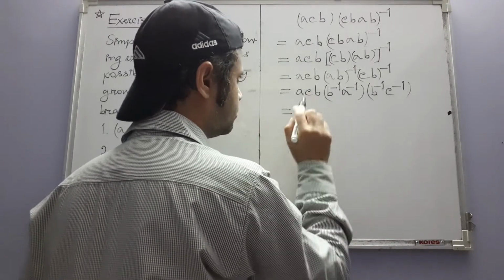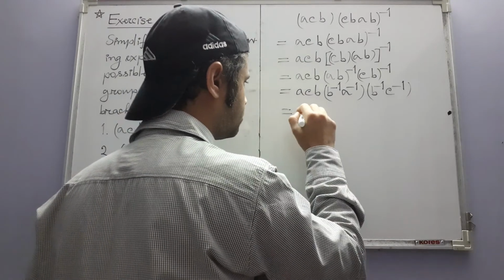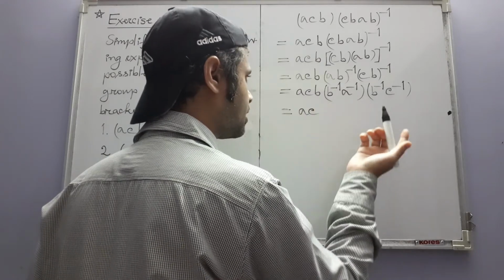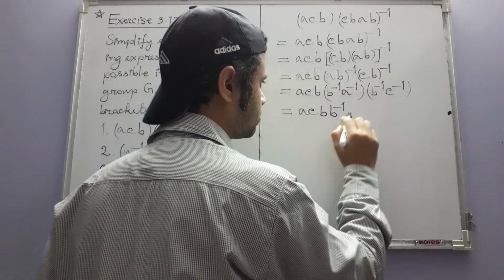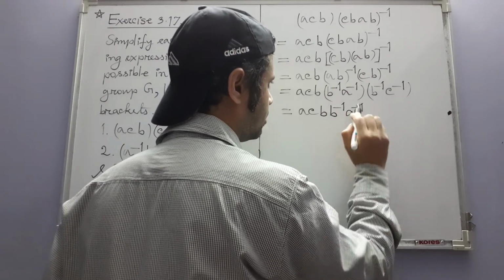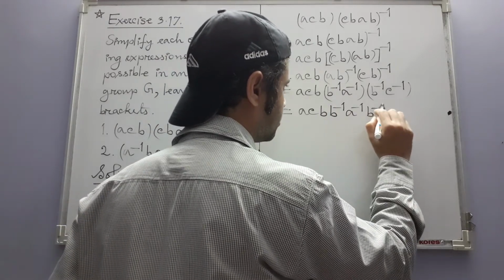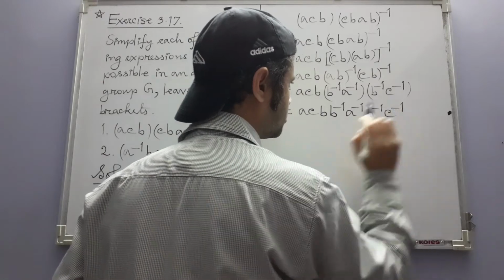Now again, using our general associative law, these brackets can be removed. A inverse, B inverse, C inverse.